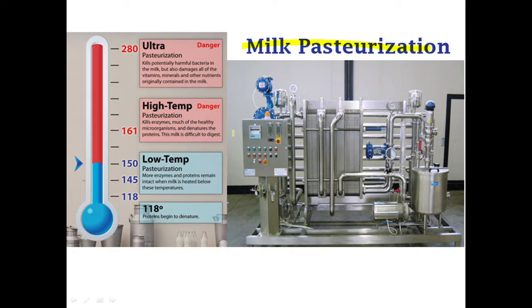So ultra pasteurization kills everything, all the harmful bacteria, including proteins, vitamins, minerals, etc. So pasteurization is very useful to us, but still it loses a lot of importance by damaging the proteins, nutrients, minerals, etc.